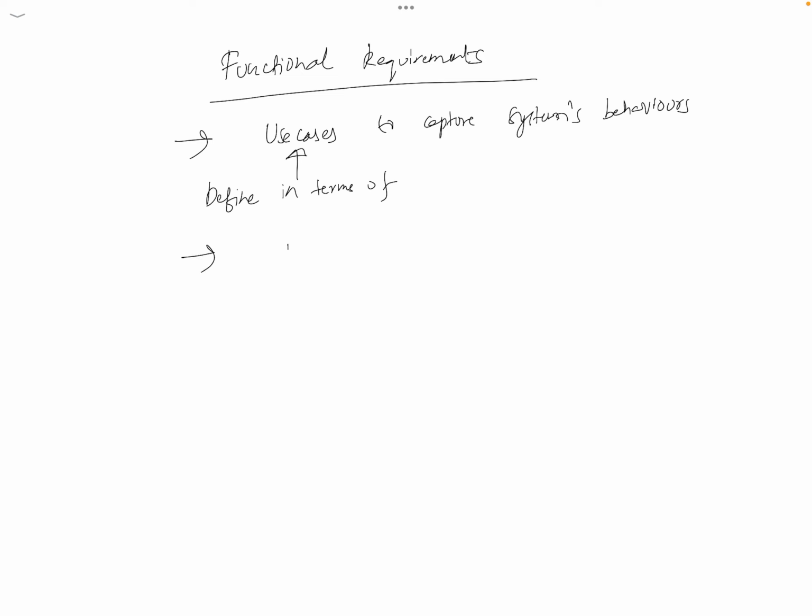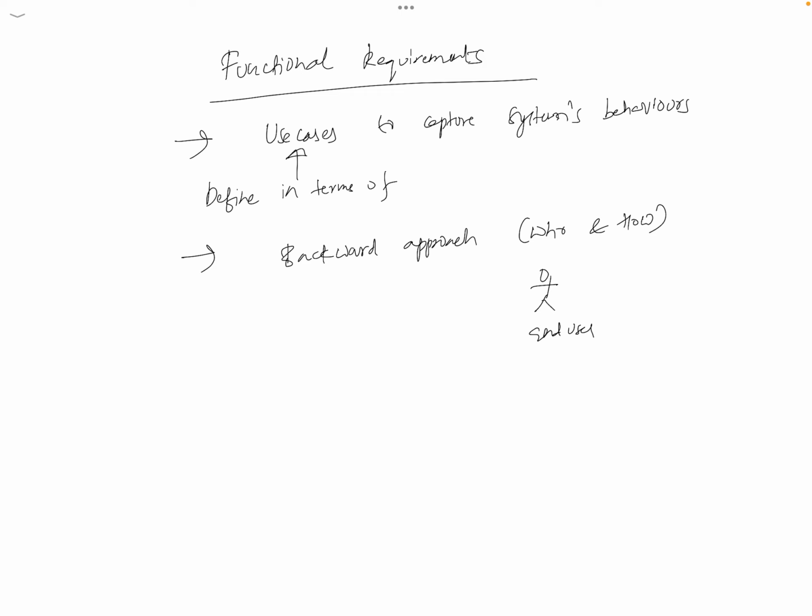Now we need to take a backwards approach when we are dealing with the functional requirements. That is, we need to start from the end user and identify who is going to use our system, and then also identify how the system is going to get accessed.